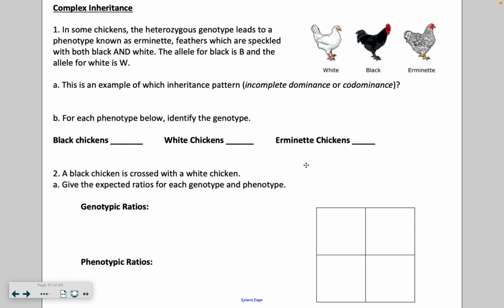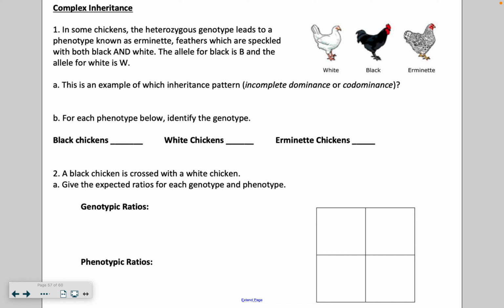So in chickens, that's one case where we end up with an erminant, I probably butchered that word. We'll just say a speckled chicken, right? A white chicken crossed with a black chicken, and the chicken shows up speckled, and you can see that both alleles are present.